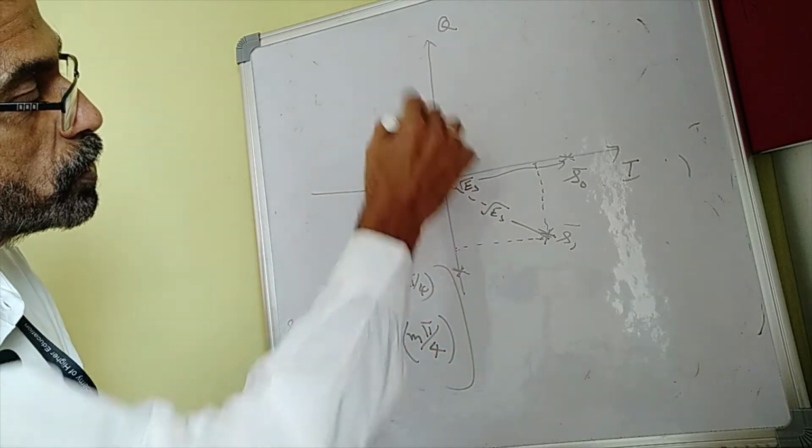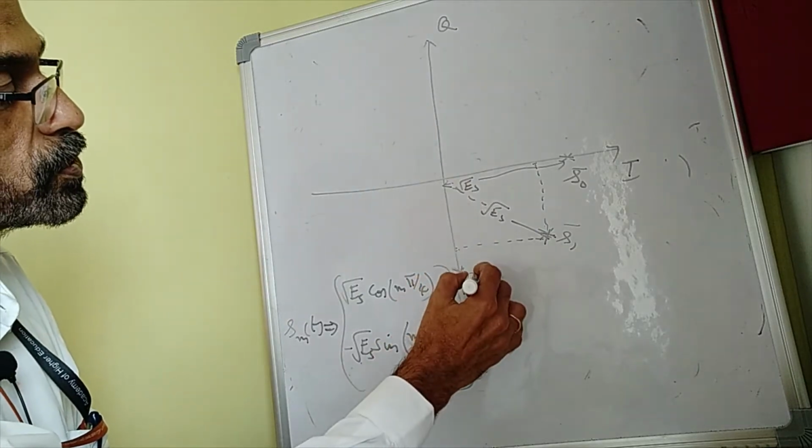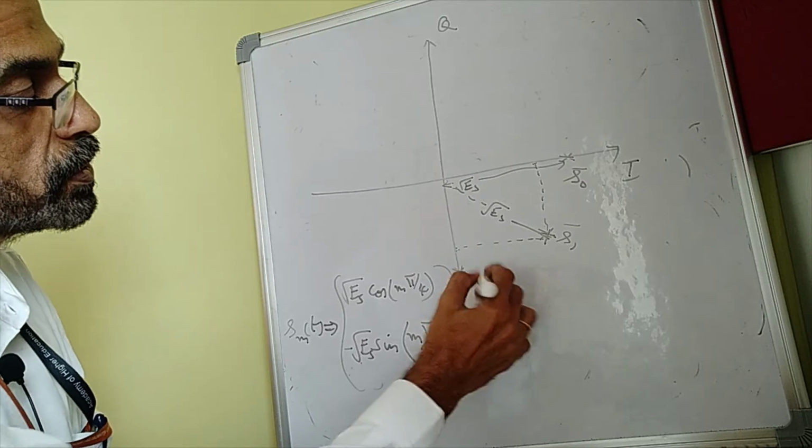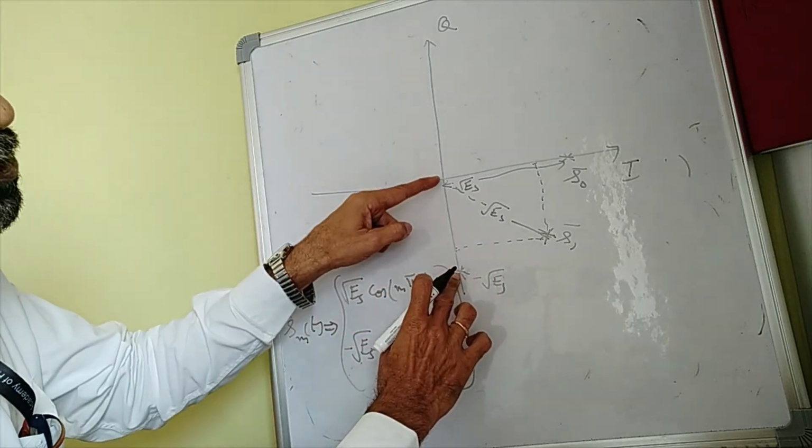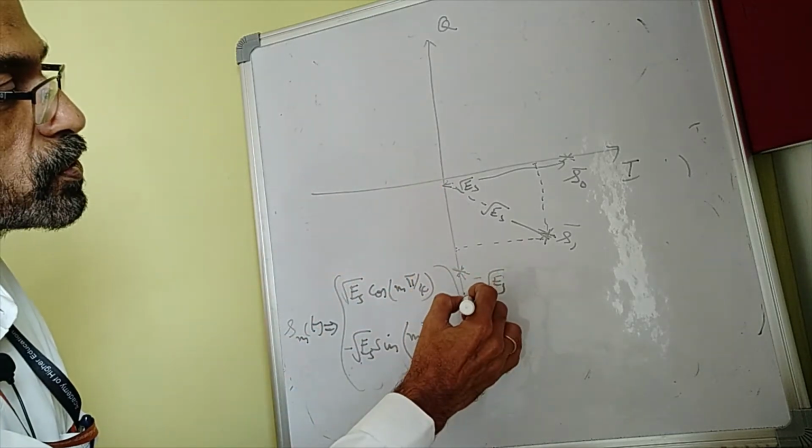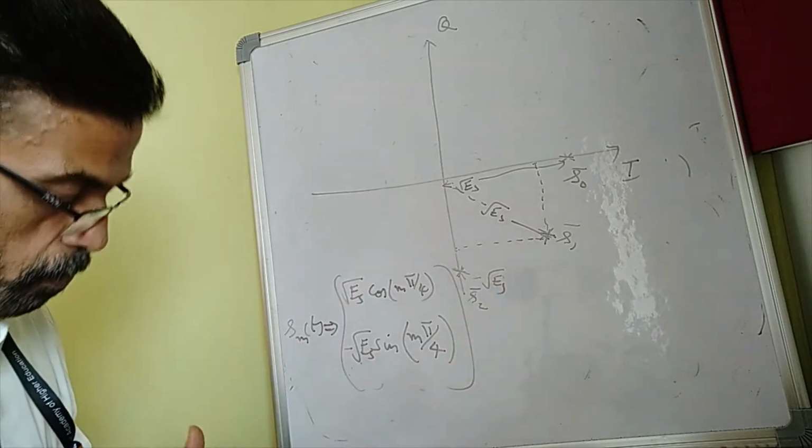In phase is 0, quadrature is minus root Es, so this will be minus root Es coordinate wise, this will be root Es, so this corresponds to S2.